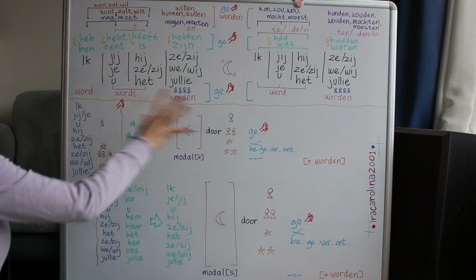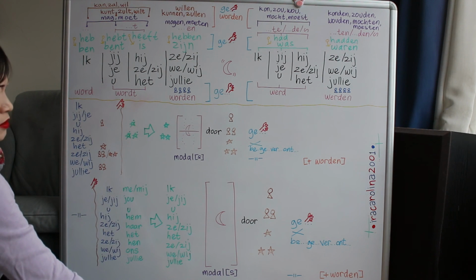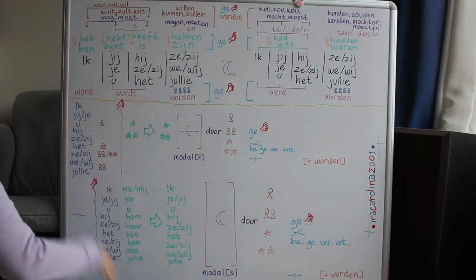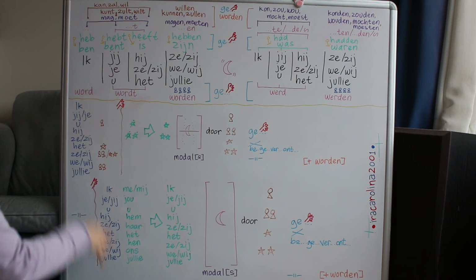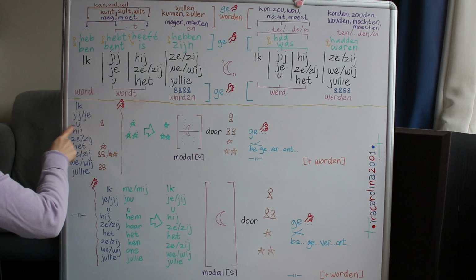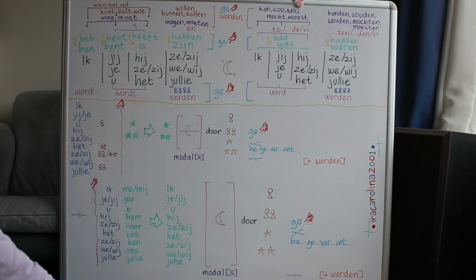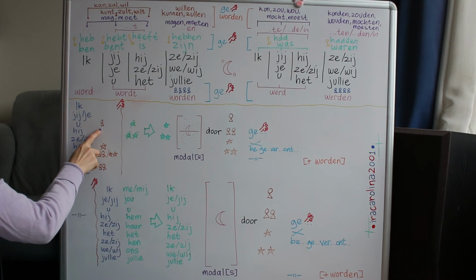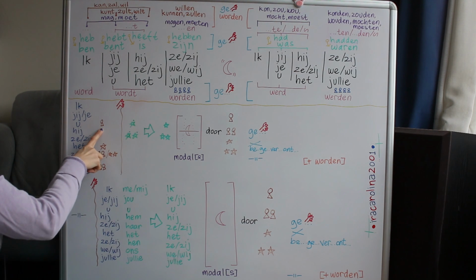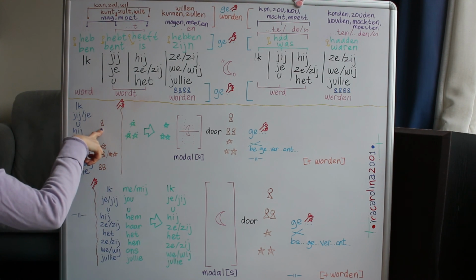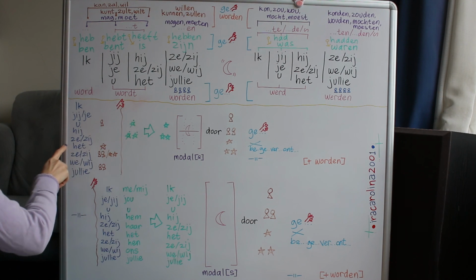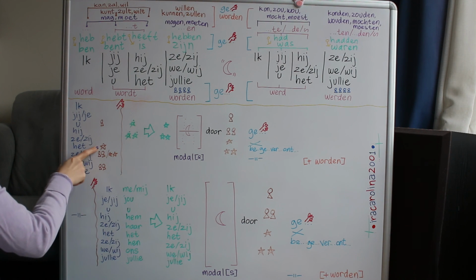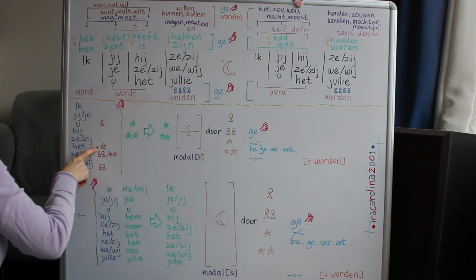So this is another sign or pattern that I try to make here: ik, jij, je, u, something like this. This part, subject consists of one, and this is a person, one. And het is thing.